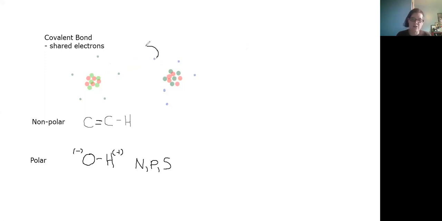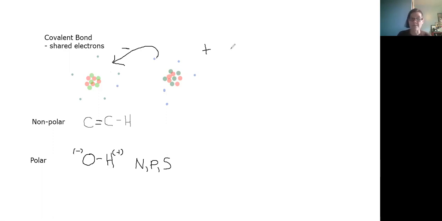So let's say this electron jumped all the way over to this one. Now this one would have 6 electrons, which means it's more negative than it was before, so now this one is a negatively charged atom. This one here has 1 less electron, so it is a positively charged atom.